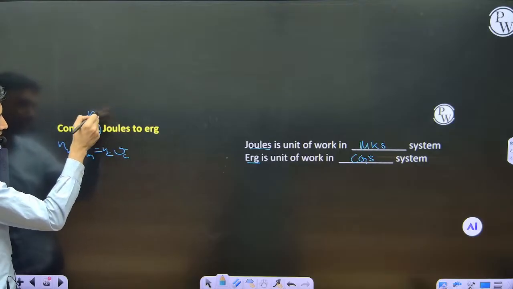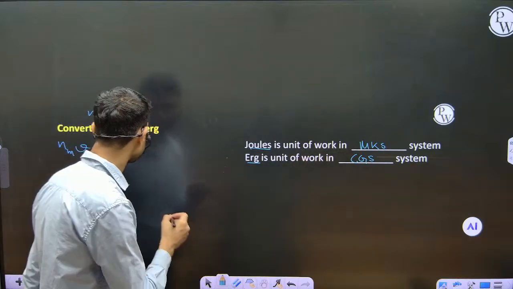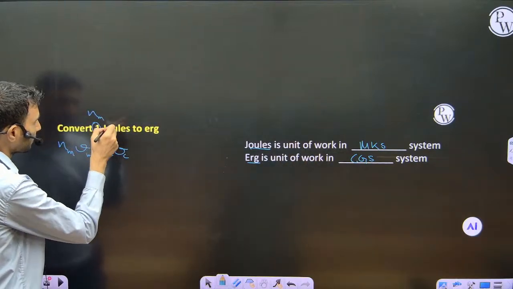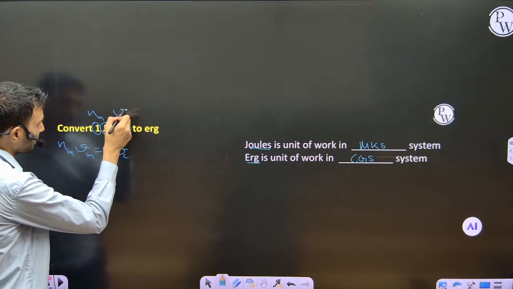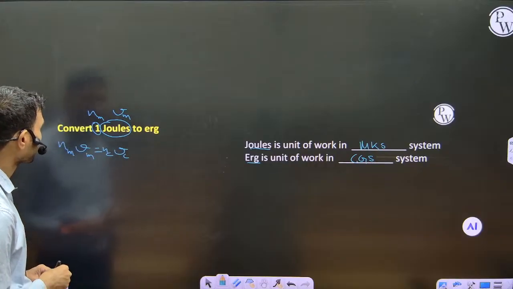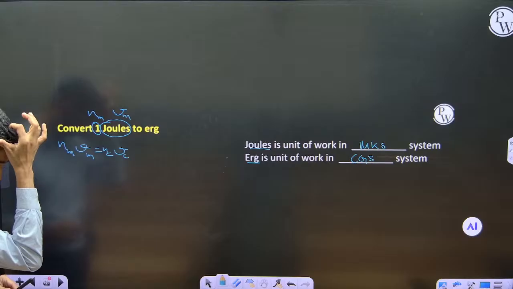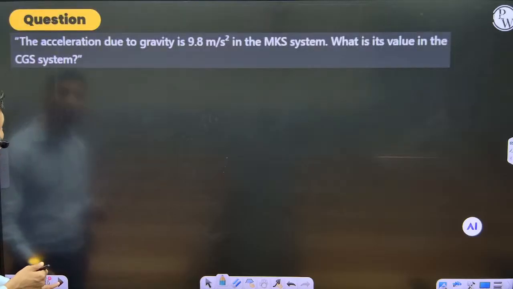It is the number written in which system? Joule, as you see, is a unit in MKS. So of course it is written in MKS. Joule, as I said, is a unit in MKS. Unit of what? Unit of work.